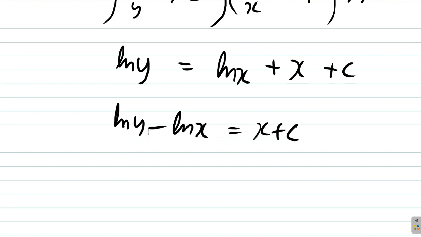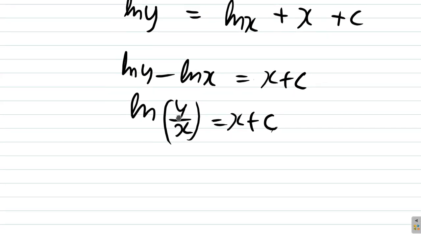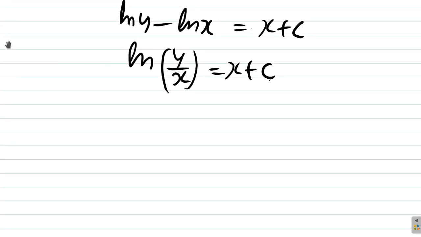Remember the rules of indices. ln y minus ln x is the same as ln of y over x, equal to x plus c. What do we do now? You know that from the laws of indices, if you say e to the ln of something, say a, it will be equal to a. E raised to the power of ln of a number just gives you the number.